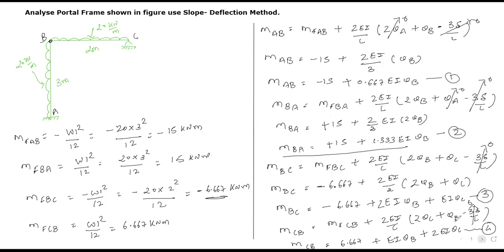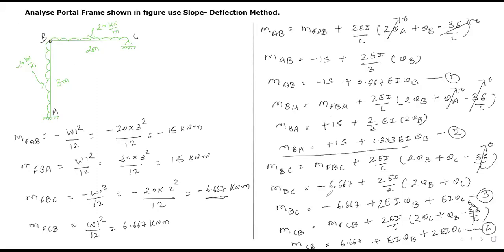Okay. Plus 15 आएगा यहाँ. This is a plus, because your MBA is a plus. See here. So MBC minus 6.667 plus 2EI theta B plus EI theta C. That should be equal to 0. I hope it is clear to all of you.